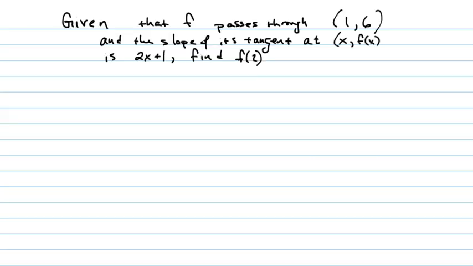So when we say that the slope of its tangent at x f of x is equal to 2x plus 1, what we're really saying is f prime is 2x plus 1. So take a minute, come up with the antiderivative, use the given information to find a particular antiderivative, and then evaluate f of 2.